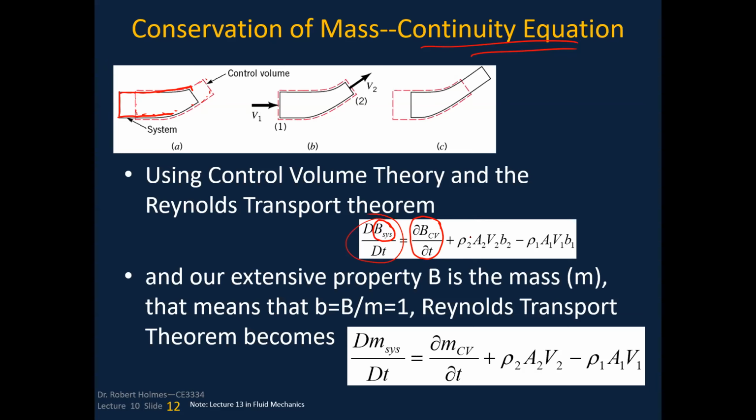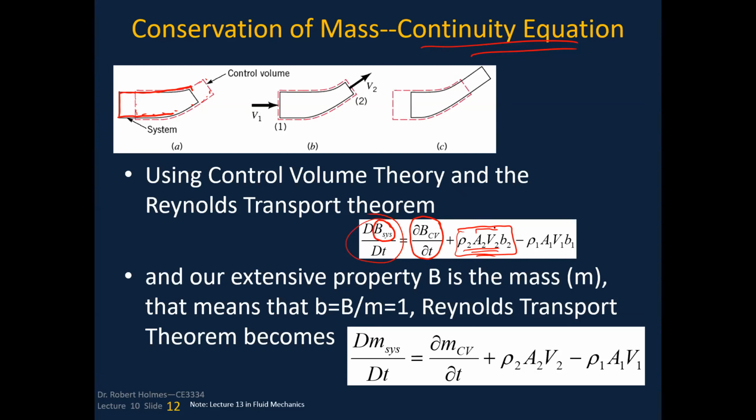And so you can see here we've got a flux of that extensive property. In this case, I'm sorry, it's the density times the intensive property, which is the extensive property divided by the mass, which allows us to look at what the flux parameter is.